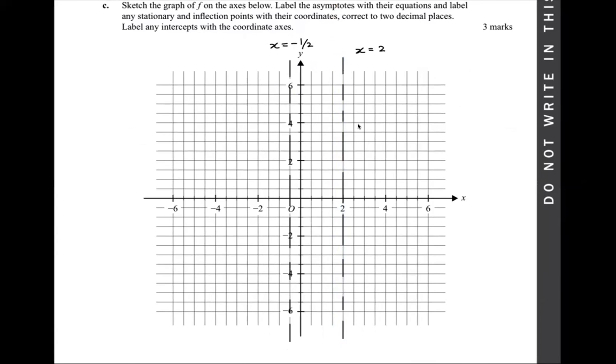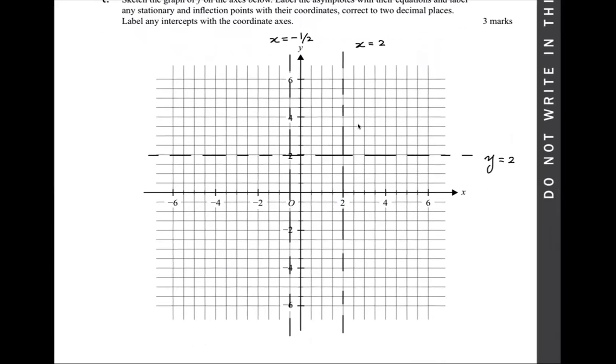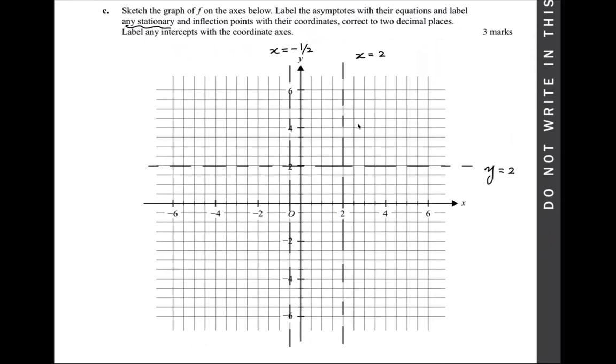And also don't forget you have a horizontal asymptote. And label this equation, y equals to 2, okay? Now you can use your CAS calculator to locate all the important points, stationary points, inflection points, coordinates correct to 2 decimal places, okay? And any intersect with the coordinate axis.